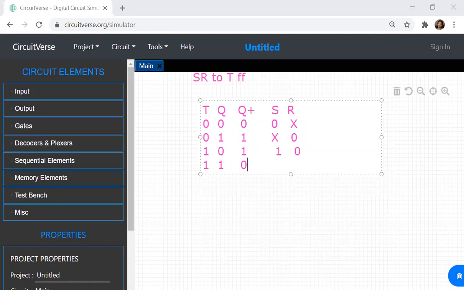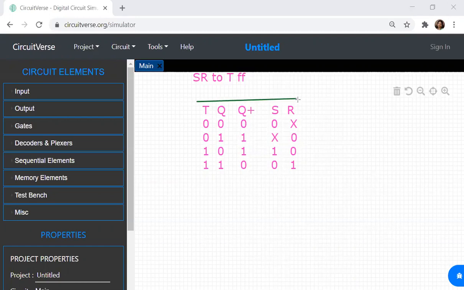And for the next combination, Q plus is 0, so this will be a reset, so S is 0 and R is 1. So now I've got the excitation table for the conversion, which should be in table format.